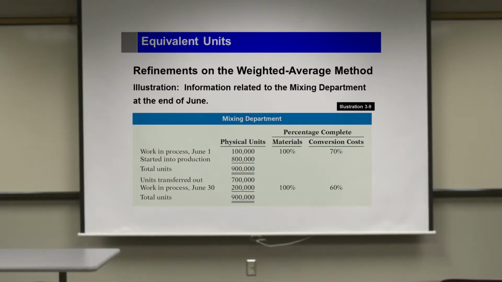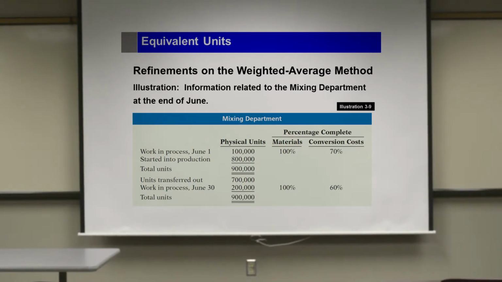You've got the beginning work in process of 100,000 physical units, and then you started production of 800,000 more waffles, so the total units we have to account for is 900,000 units. It is complete with respect to materials for the beginning inventory, that's 100%, and conversion cost, which is basically labor and manufacturing overhead, is 70% complete.